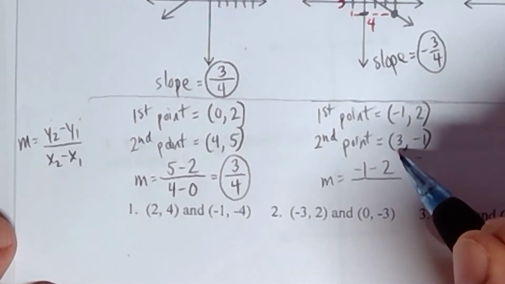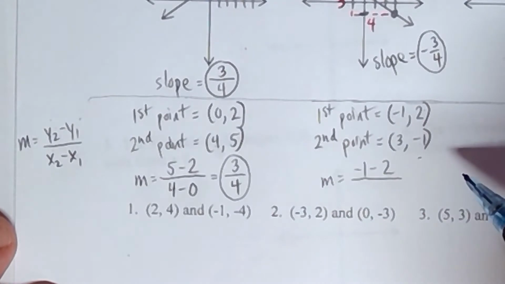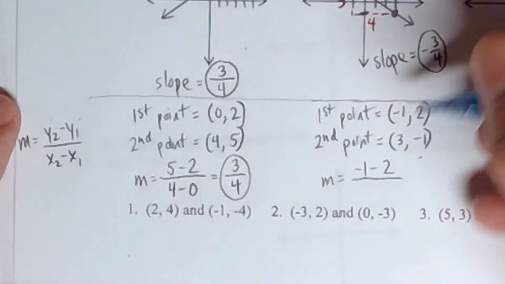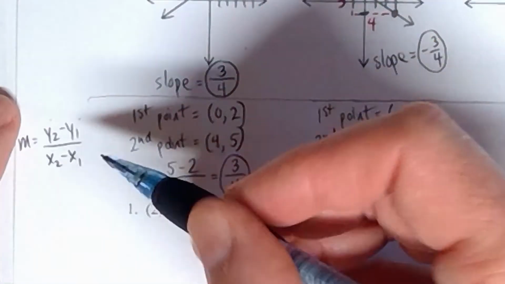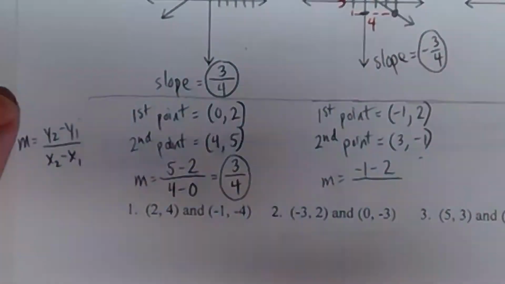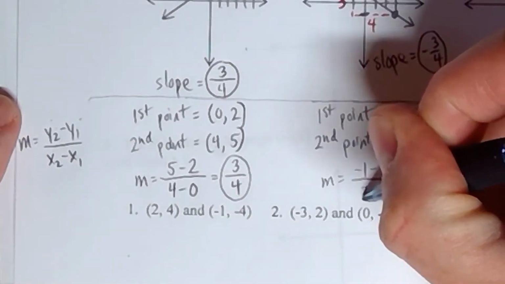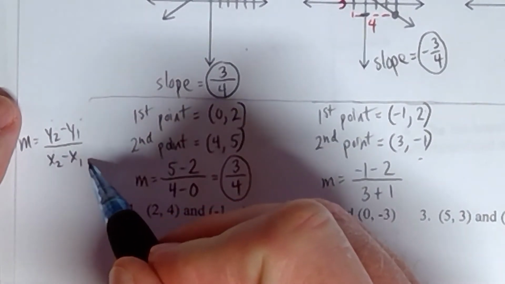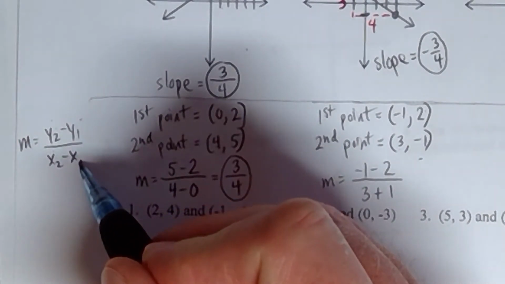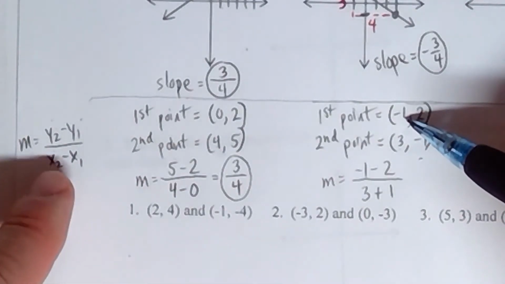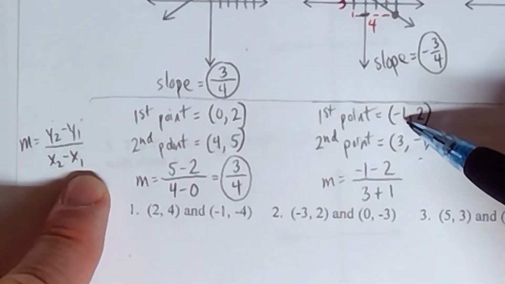So if I say 3 minus negative 1, that's a double negative. In other words, the minus is already there. So if I plug in a negative number behind the minus in this formula, that's a double negative, and it makes it 3 plus 1. Because the minus is already there, and the first x right here is negative, it's negative 1, so we get 3 minus negative 1.